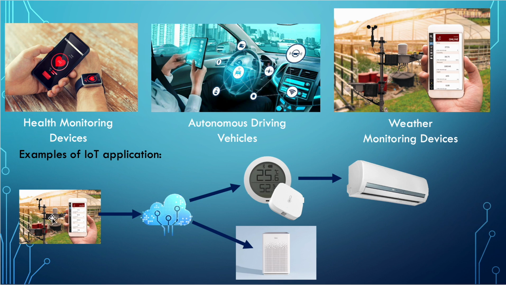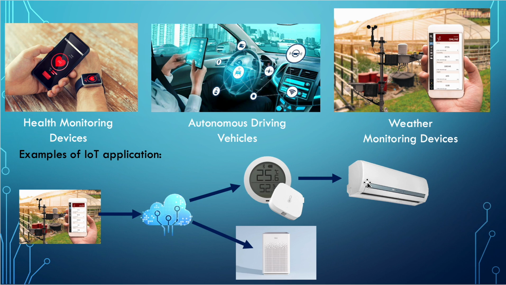Right, that is one of the ways. But here in this example, we are talking specifically about temperature. So the weather monitoring device, or the IoT device, which is monitoring the weather and the temperature nearest to that particular location, can give data through the internet to the thermostat, which will be controlling the air conditioning or the heating of that house, of that residence, or of that building, or of that manufacturing plant where a lot of people are working.